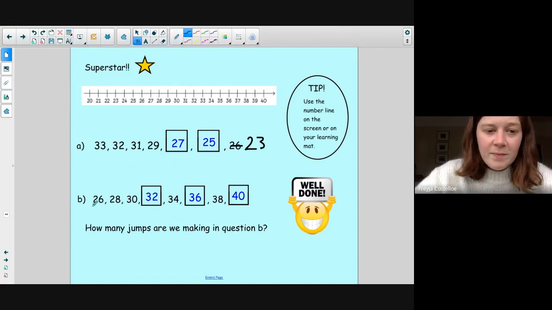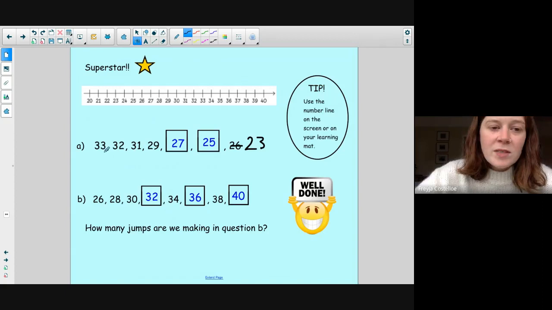Let's have a look at this one. We have got 26, 28, 30, 32, 34, 36, 38, 40. So how many jumps are we making in question B? We are jumping up by 2, aren't we?